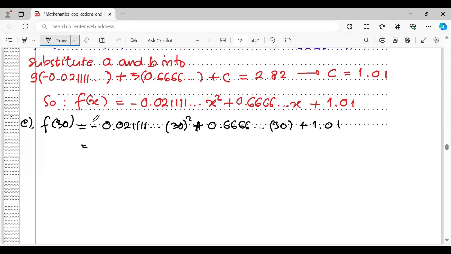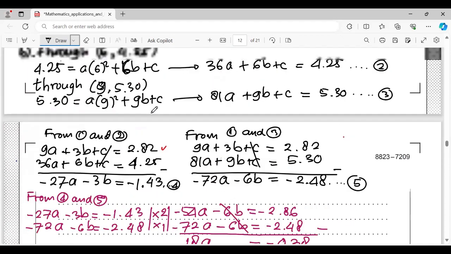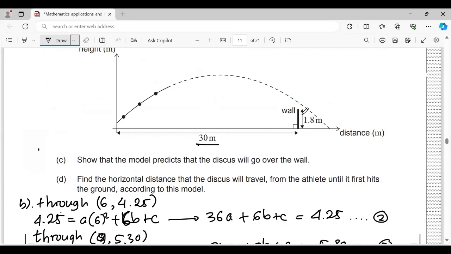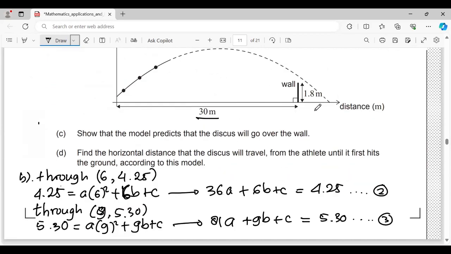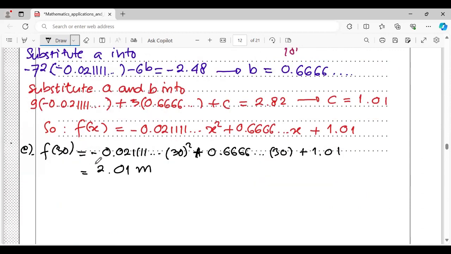So you will have the result 2.01 meters. If you compare with the wall, which is just 1.8, the ball position at 30 meters is 2.01, higher than 1.8.